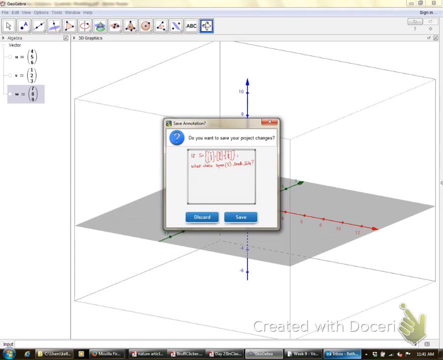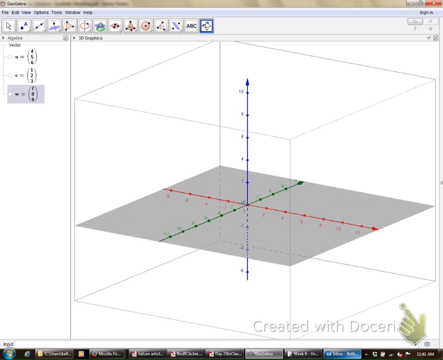So here we have three-dimensional space, and I'm going to zoom in so we can see a little bit better. Here's the vector (1, 2, 3). Here's the vector (4, 5, 6), and here's the vector (7, 8, 9). It might be a little bit hard for you to tell.